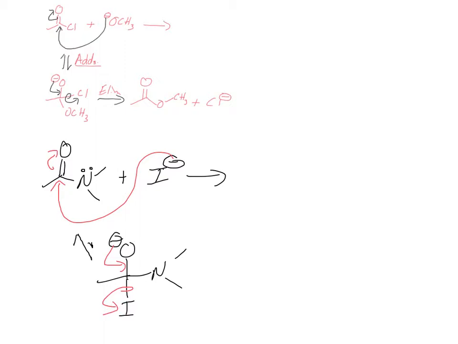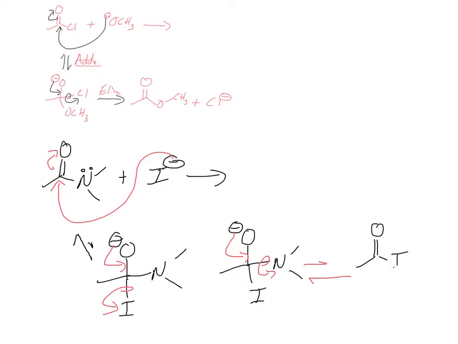And really, if I redrew this, there'd only be a very, very small amount of this actually happening, where these electrons come down, we kick out what would be essentially N minus. That won't be very stable at all. And if anything, it's just going to react and go backwards again and essentially repeat the process. So it does matter how stable the nucleophile is and also how stable the leaving group is.